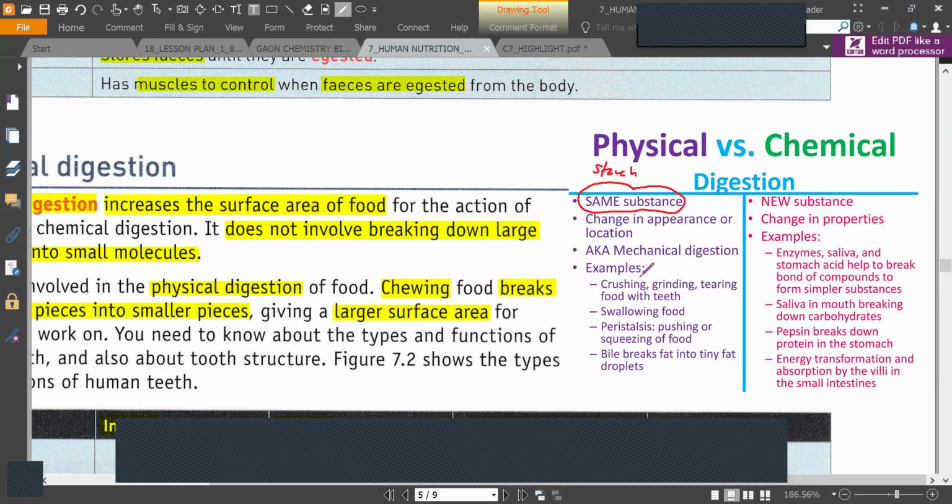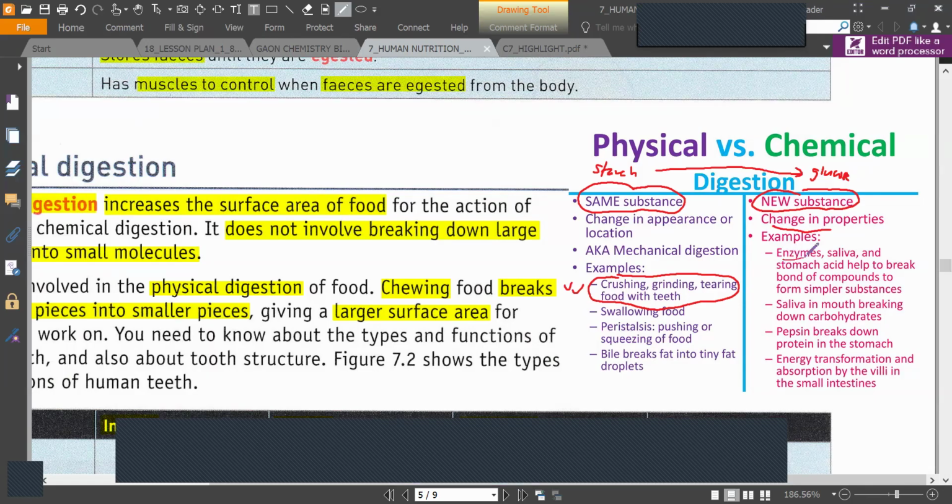It's just being crushed, ground, or torn, breaking into small pieces. It's still the same substance. Chemical digestion, we produce a new substance. For example, starch is turned to glucose. So that is a change of properties.